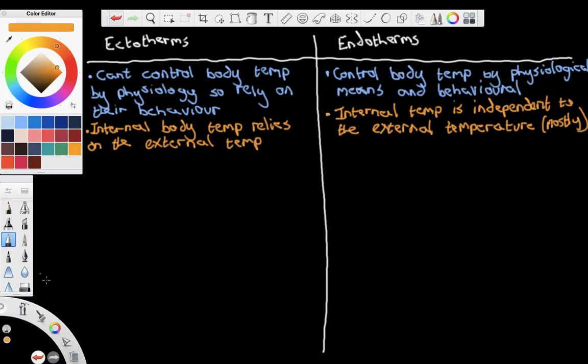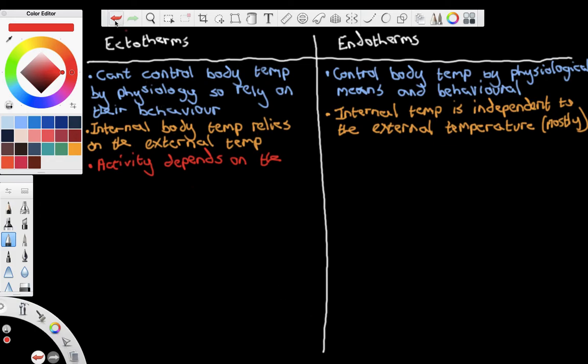In ectotherms, their activity level depends on the external temperature. So activity depends on the external temperature.